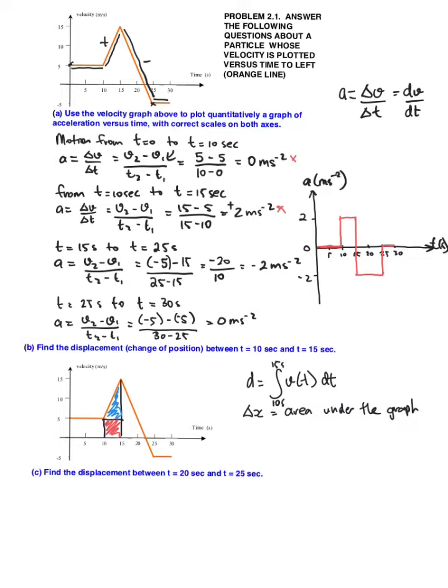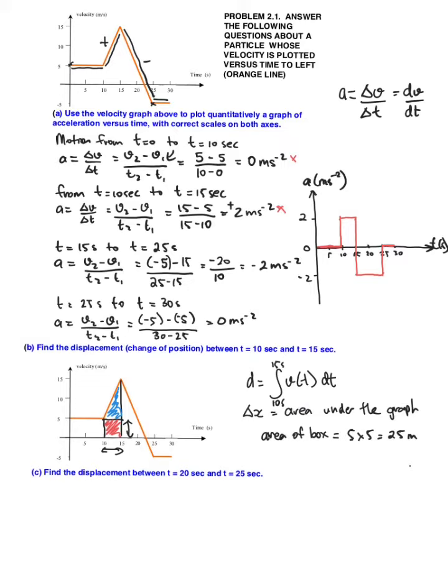So the area of the box is just 5 times 5, which is 25. And that's going to have some units. That's going to be meters.